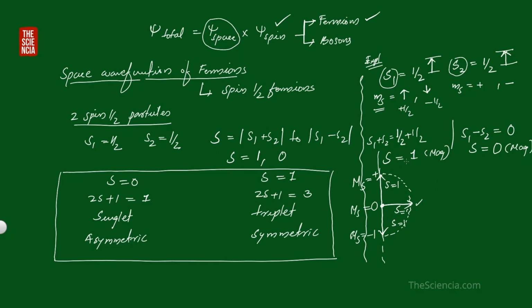So for the S equal to 1 vector, there will be 3 orientations, that is MS values plus 1, 0, and minus 1. And here the magnitude is 0, so MS is 0 only. The projection on this axis is also 0, that is MS equal to 0.